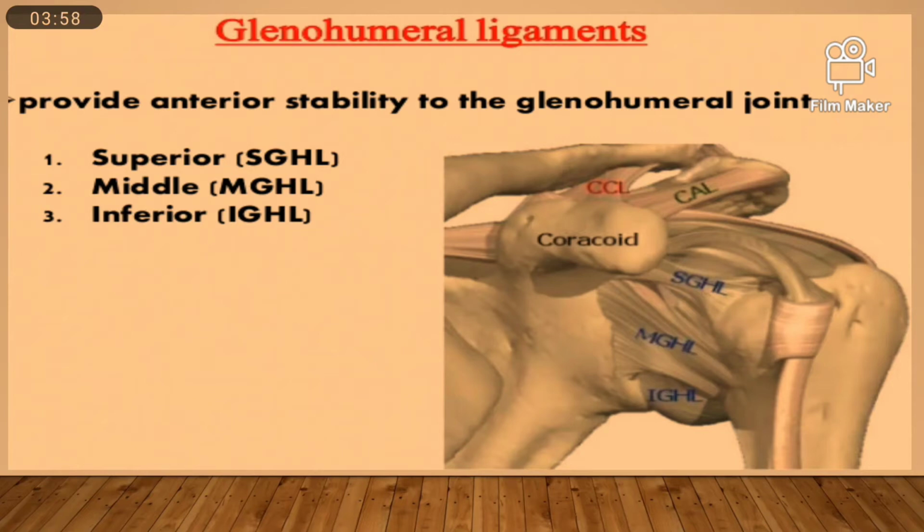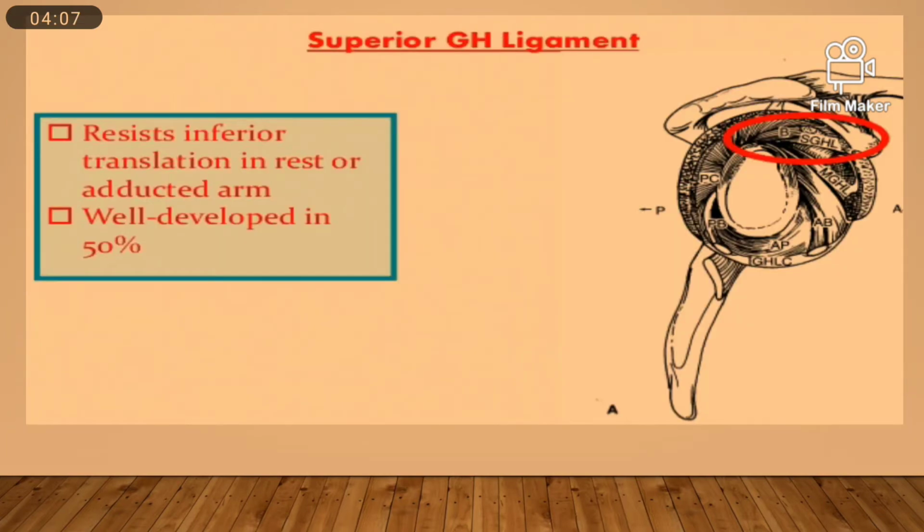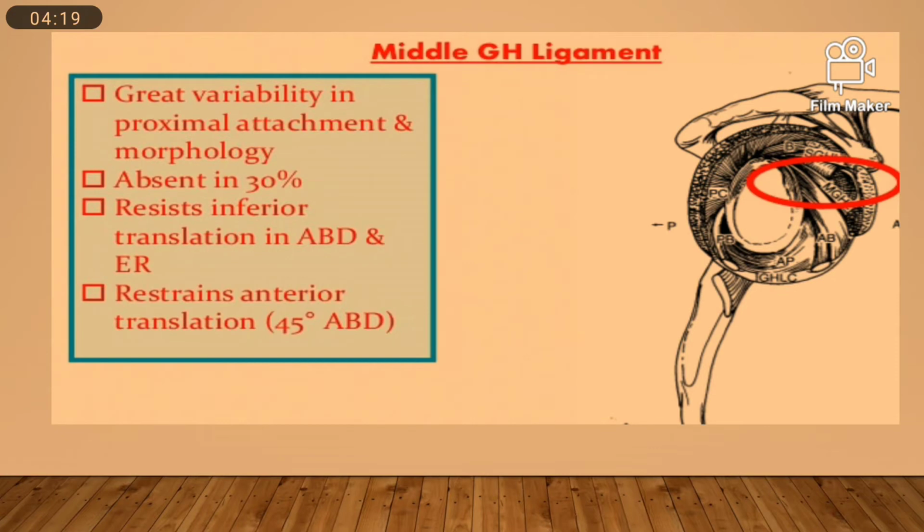Now the glenohumeral ligament has three segments: superior glenohumeral ligament, middle glenohumeral ligament and inferior glenohumeral ligament. The superior glenohumeral ligament, you can see in the diagram, resists inferior translation at rest or adduction of the arm, well developed in 50% cases.